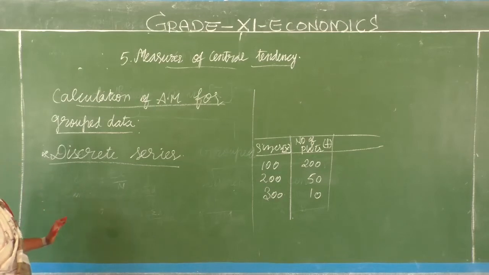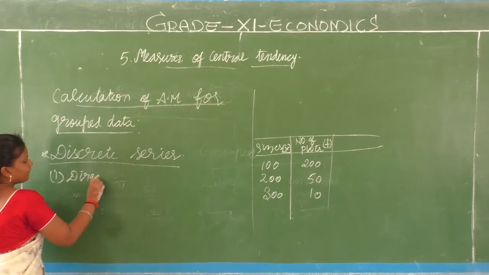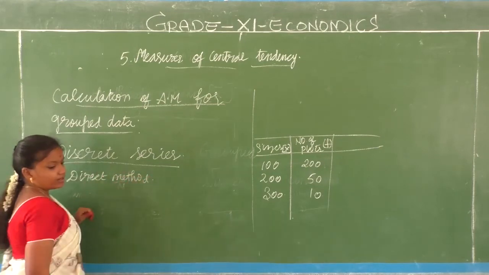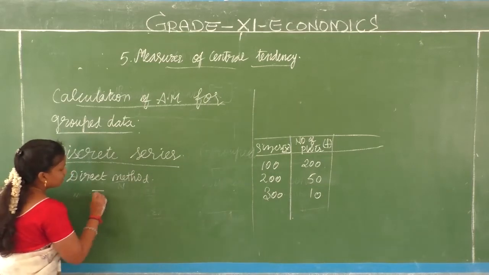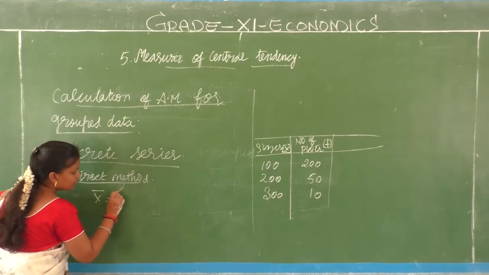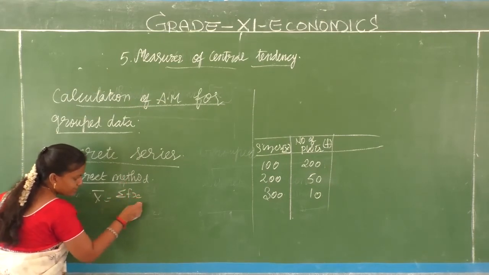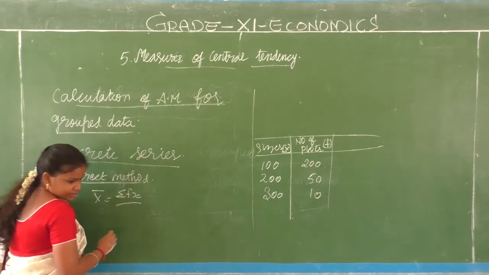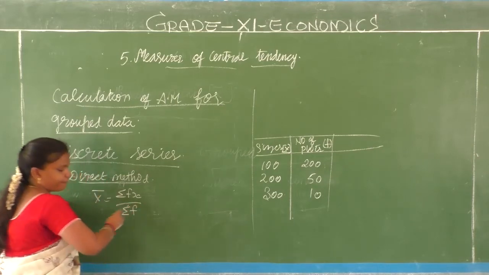In the first method, the direct method, you are going to find x bar is equal to sigma fx by sigma f.